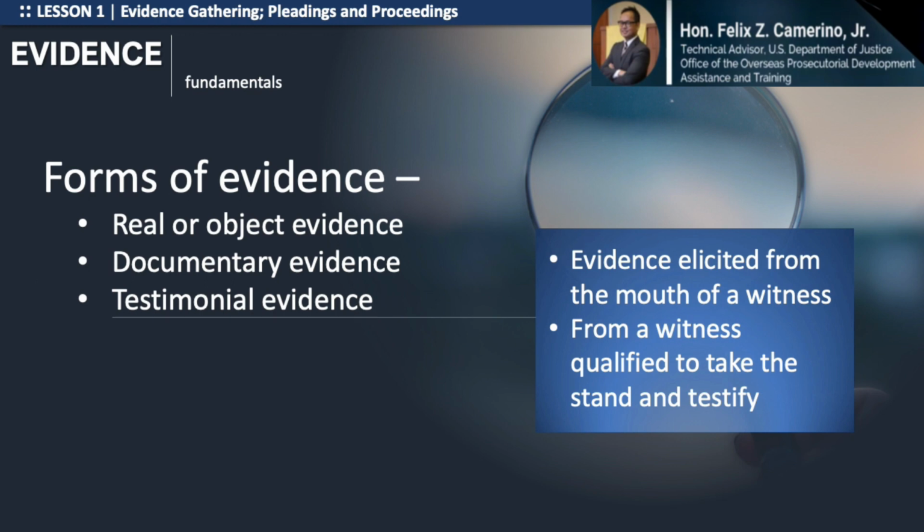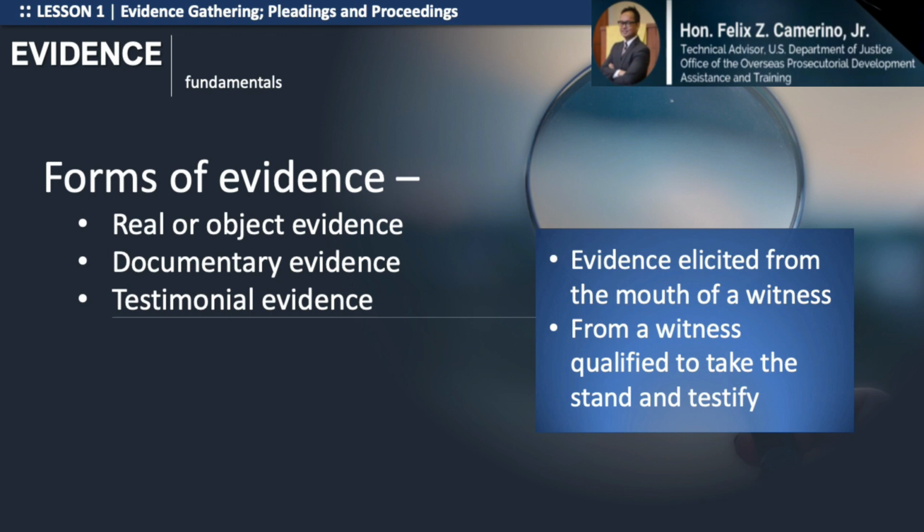It's elicited from them, which of course means that they're being asked questions, and then they would be responding based on their personal knowledge. So the only requirement for a witness to testify is that he is qualified to take the stand and testify.